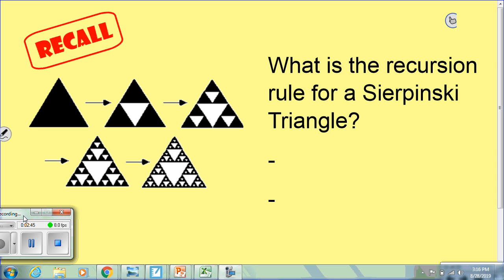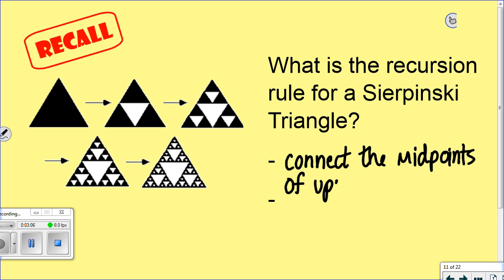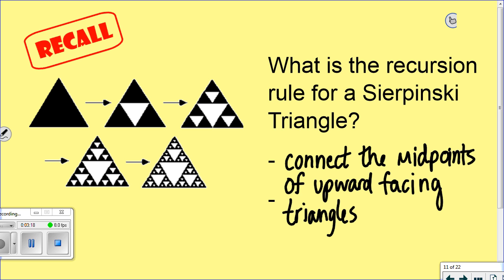The rule we follow, if you recall, is simply connecting the midpoints of what? Connecting the midpoint of all the triangles, or connecting the midpoint of just the upward facing triangle. A very simple recursion rule. You can say that in different ways. This is the easiest way to remember it.